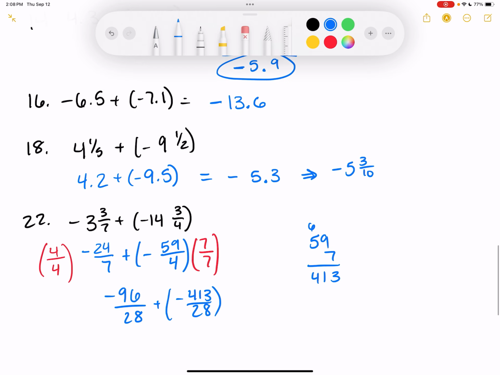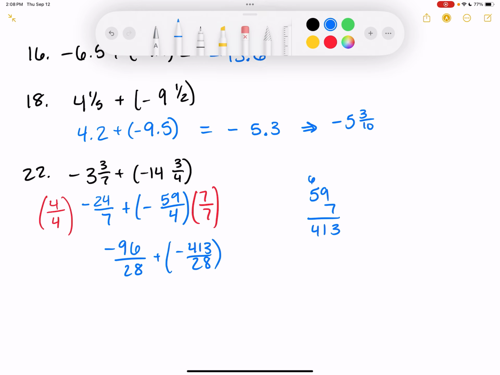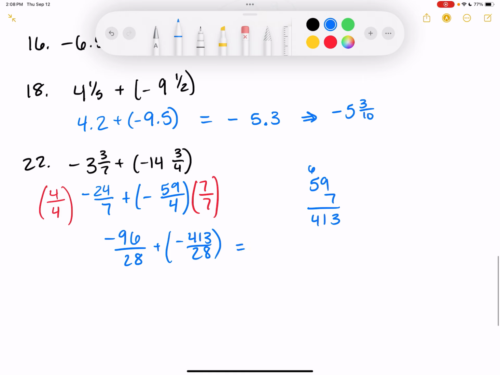All right, so now I need to combine these fractions. When I add them together, what do I get? Good question. I don't know. I have to figure that out. Give me a minute.